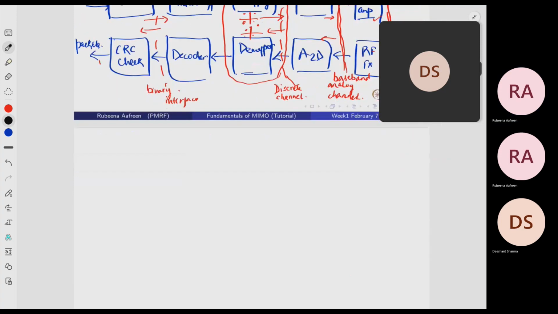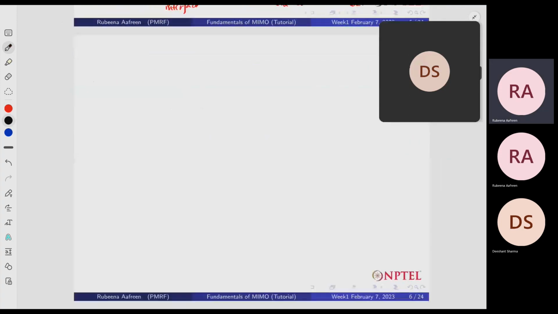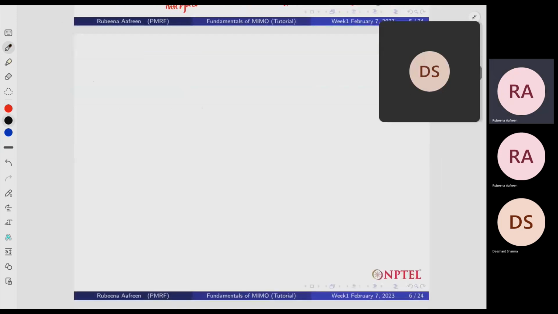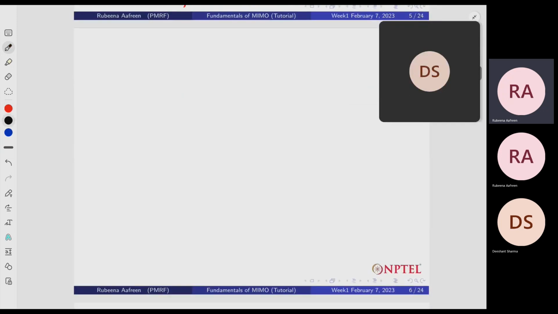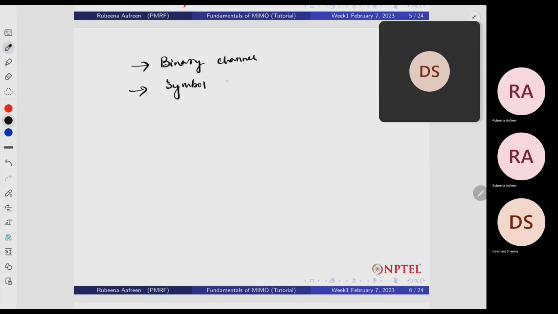Afterwards, there are some types of channels like we discussed. You can see more details in the lectures, but some of these concepts will be important in solving the assignment. There will be some types of channel. Some are binary channels, then the symbol channel that I discussed, that is the M-ary channel.